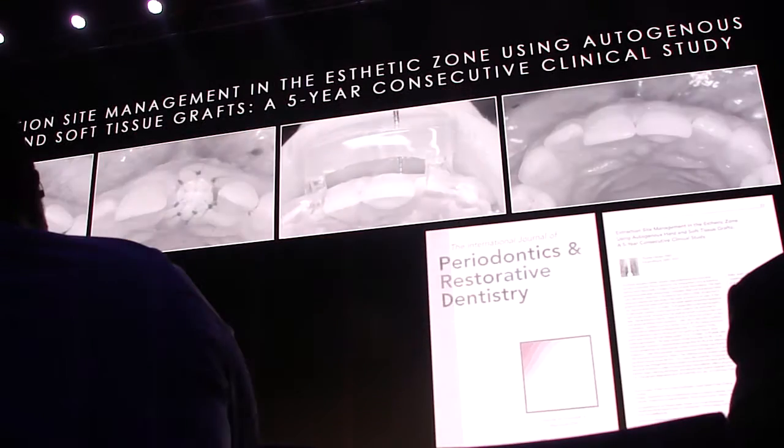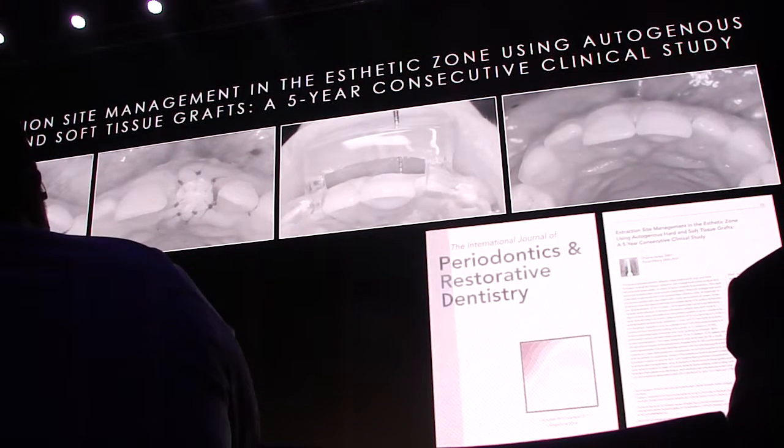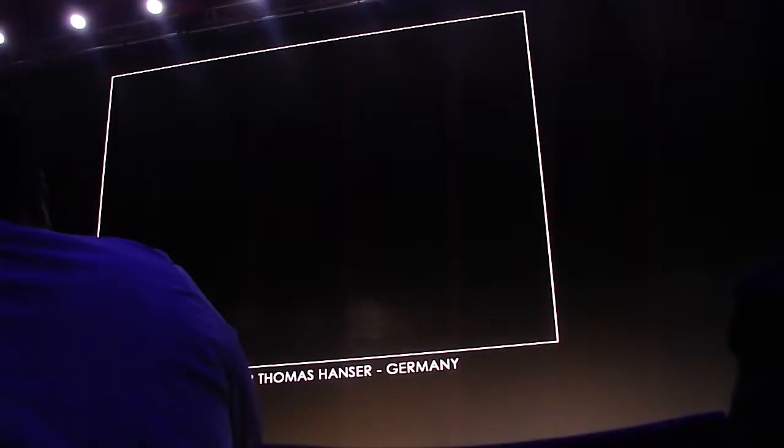And we ended up in a study of more than 50 extraction sockets having a missing buccal bone, using autogenous hard and soft tissue grafts to rebuild the missing tissue, and we had a 5 year follow-up to find out, is it possible to keep the morphology stable long term?